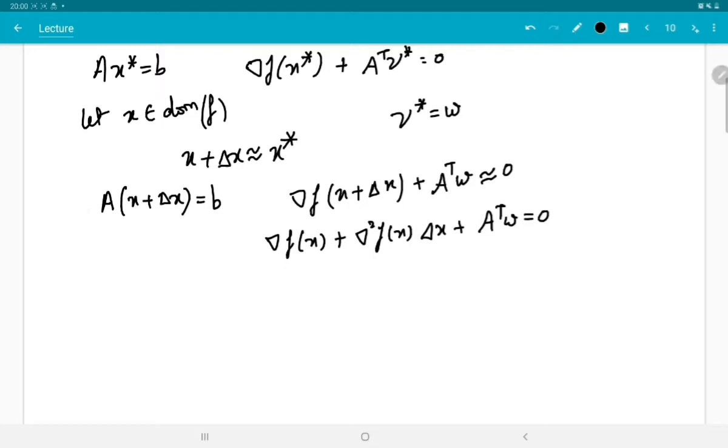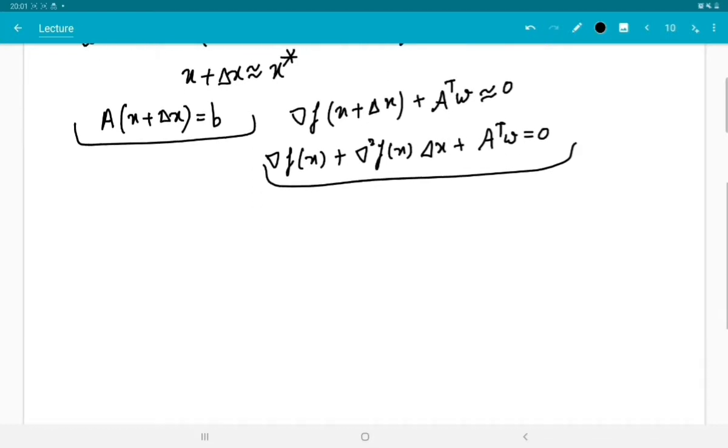These two equations form the optimality condition for the new Newton step.